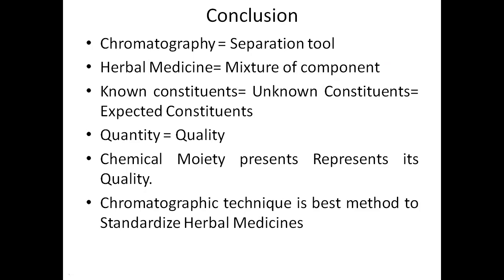And generally in herbal medicine or herbal formulation, they are using a number of plant materials, right? Whatever anti-diabetic plants have been reported till today, you can see all of them in your herbal anti-diabetic tablet, capsule, or syrup, right? So what happened here, when we have to target the main one?